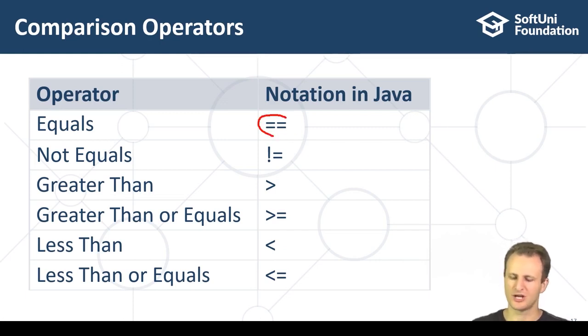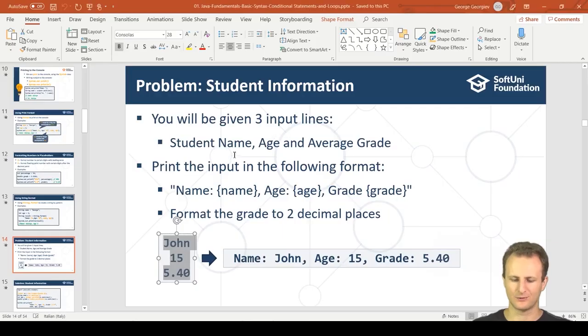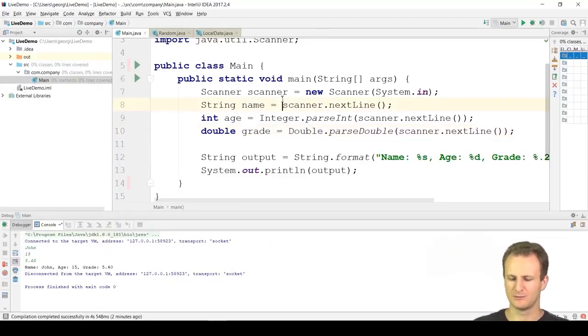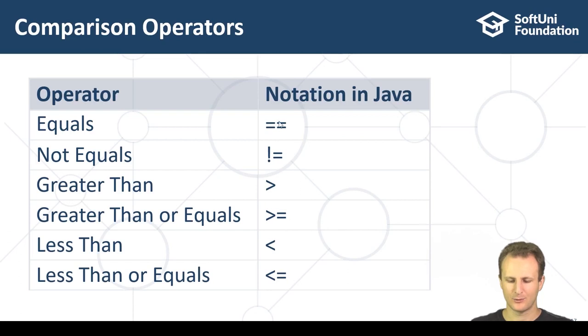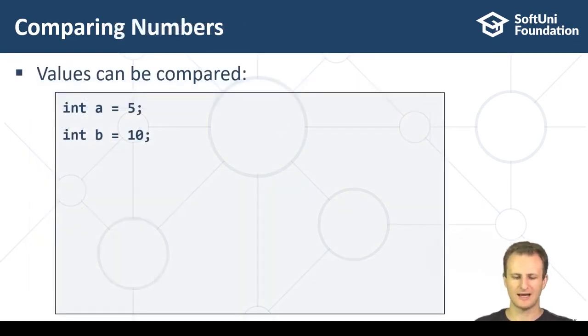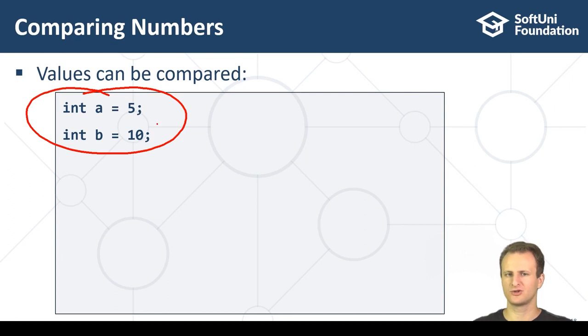However, the way we write them is a bit different. So if you want to check for equality, you use double equals sign instead of single equals sign. Why? Well, because the single equals sign just changes the value. So this single equals sign means change the value of the memory which is pointed to by this name variable. Whereas the double equals sign checks whether two things are equal, and that returns either a true result, meaning that two values are equal, or false, meaning they are not equal.